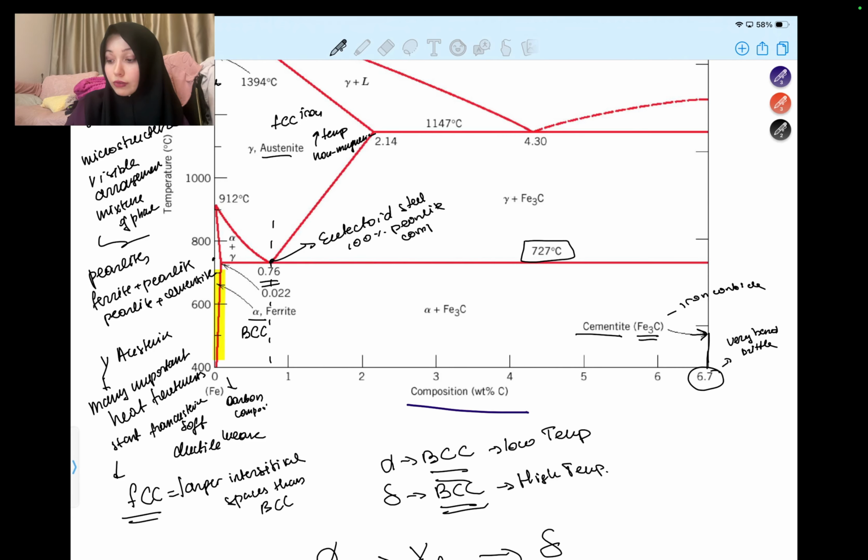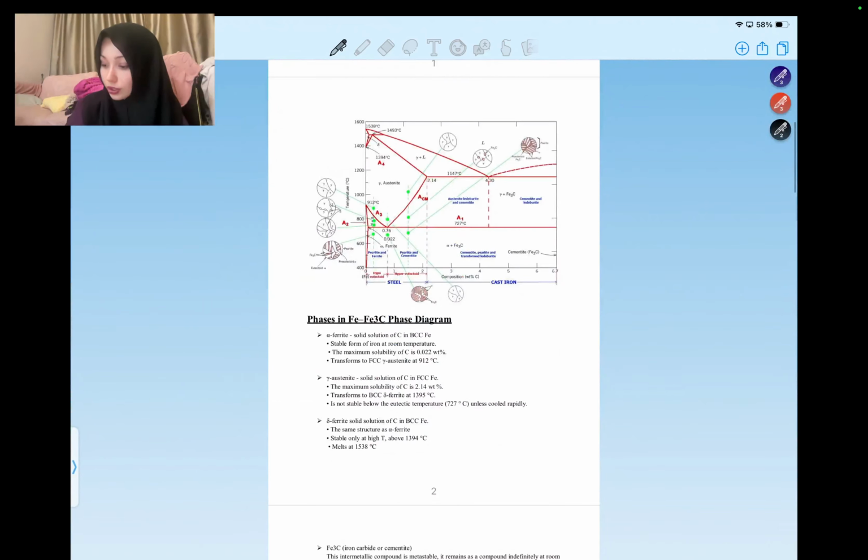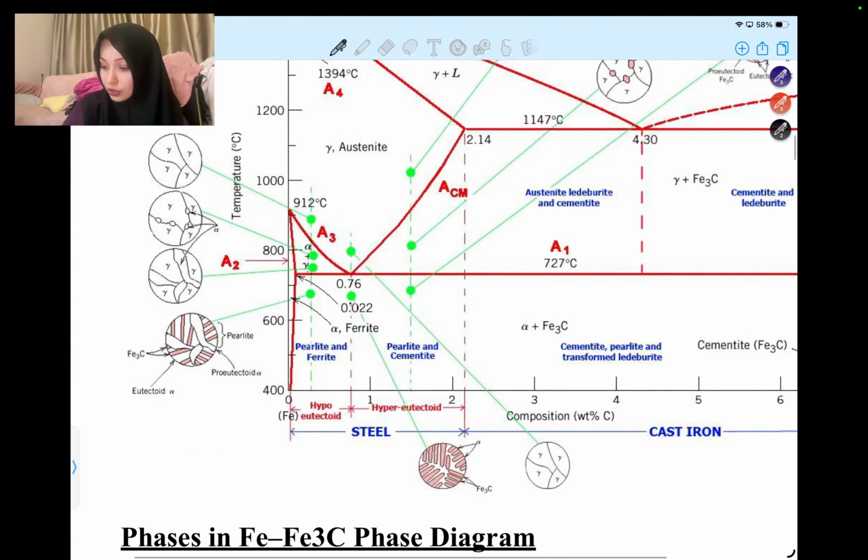So if we were to draw the composition, it would be 100% pearlite, and we are going to see it here. As you can see, at this point we have the pearlite forming. So this is the pearlite structure.